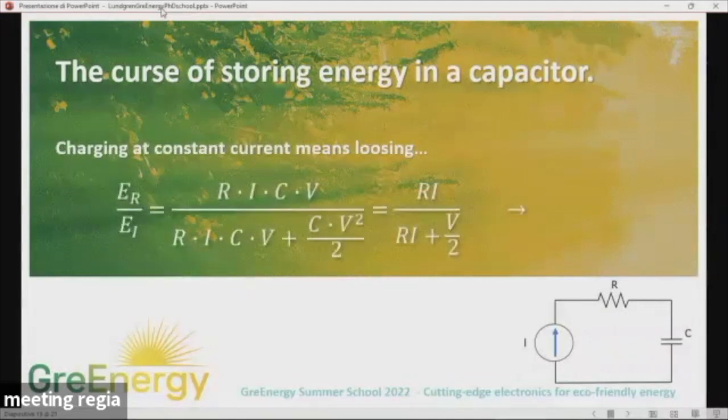So if we just make a ratio for energy lost over total energy, we get this ratio of R times I divided by R times I plus V divided by 2. So of course, this we can make in principle arbitrarily small by making the current small. So why not make the current as small as possible? Just reducing this to the lowest we can.